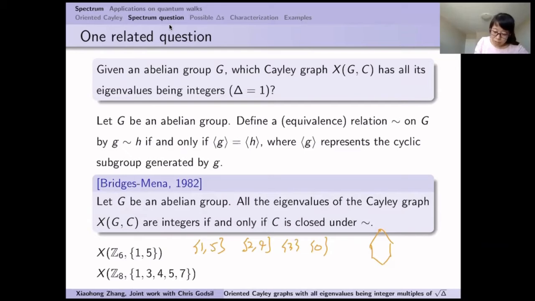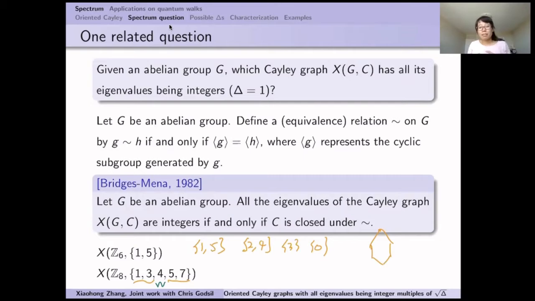Similarly for this Z8 one, 1, 3, 5, 7 are all the generators of the group. The equivalent class containing 4 only has 4 itself. So it's a union of equivalent classes, and by the above result, we know this Cayley graph has only integer eigenvalues.